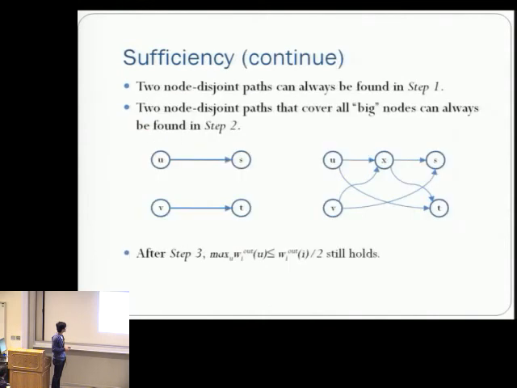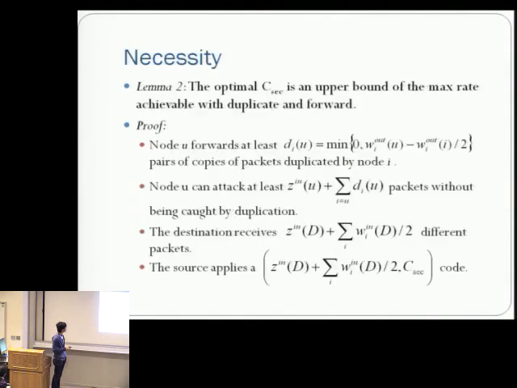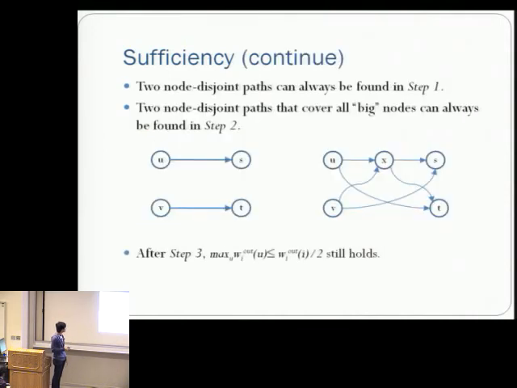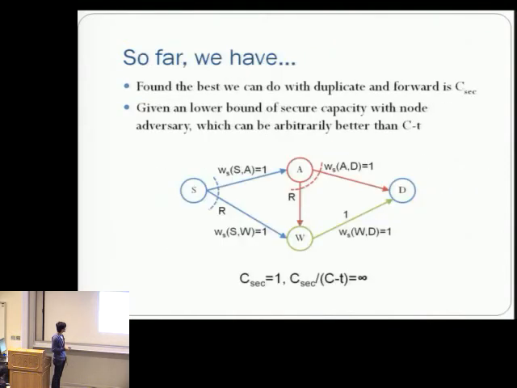We have a construction to show that this is also a lower bound for the max rate of this duplicate and forward. So actually we found the best we can do with duplicate and forward is actually the solution of this linear programming.